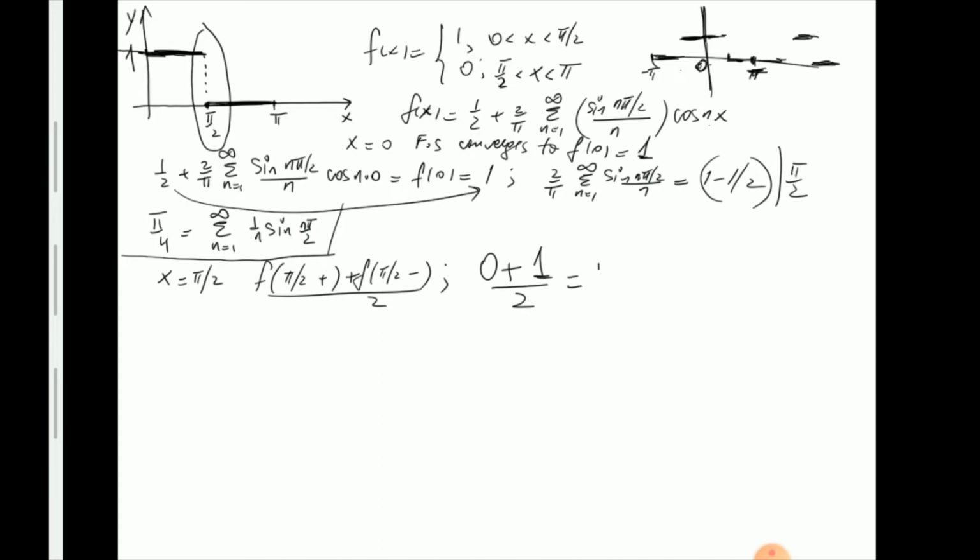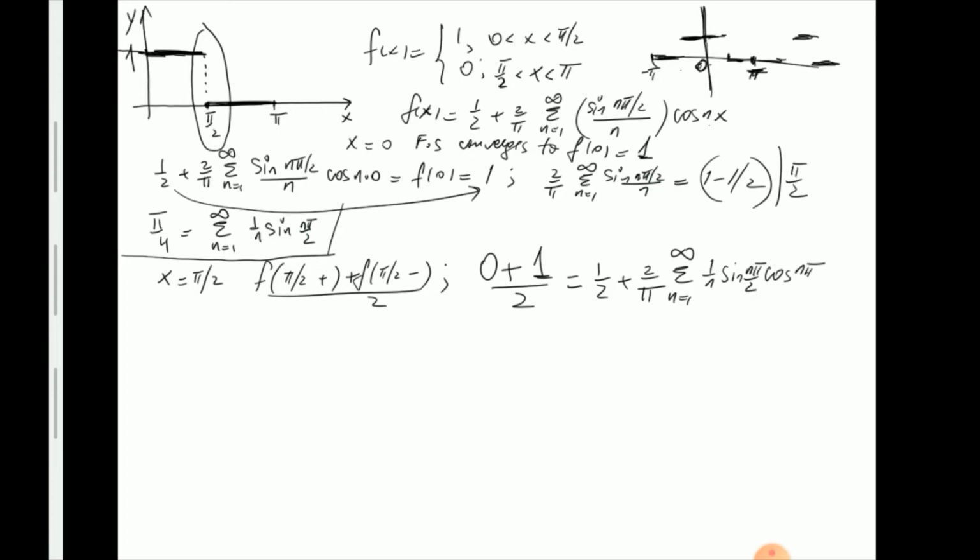And that's going to be equal to 0 plus 1 over 2, right, 1 over 2 plus 2 over pi, the summation from 1 to infinity, 1 over n sine of n pi over 2 and cosine of n pi over 2, right?